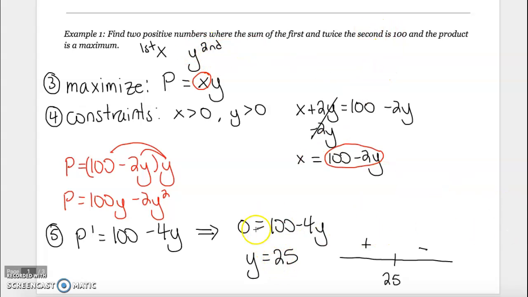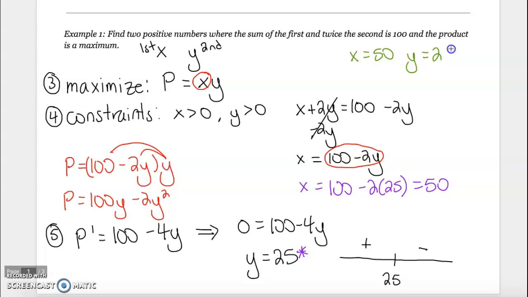I have the second number, y equals 25. To find the first number, I just have to plug it back into my constraint equation. So x equals 100 minus 2 times 25, which equals 50. So my final answers are x equals 50 and y equals 25.